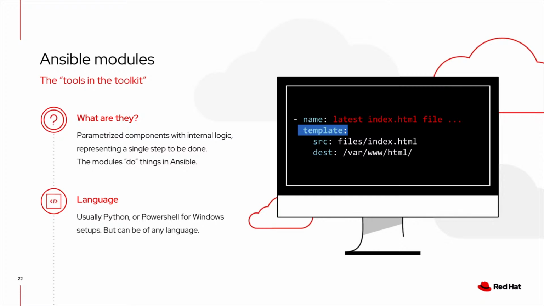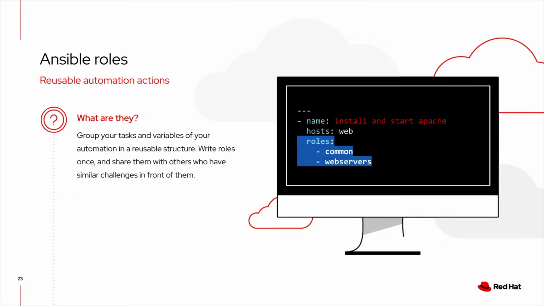But are modules all that we have? Are there other ways in which we can change and affect the automation? Well, that's really where roles come into play. Ansible roles really allow creators to write their automation commands or set of tasks and variables in a way that's really reusable and scalable.